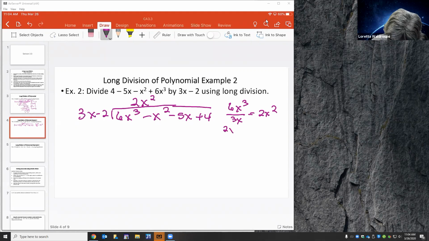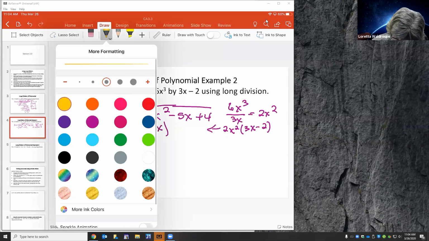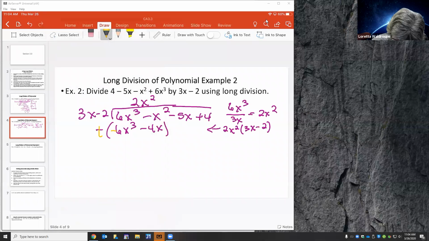And then I'm taking 2x squared times 3x minus 2, and I'm going to write that right here under my 6x cubed, and then I have minus 4x squared. But again, like I said before, we're subtracting, so change those signs.